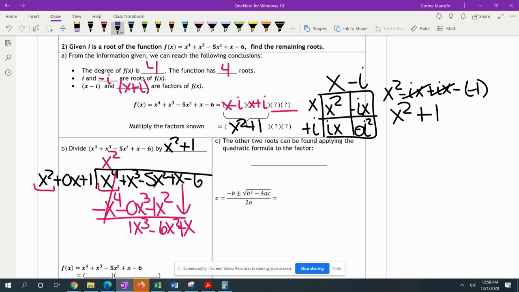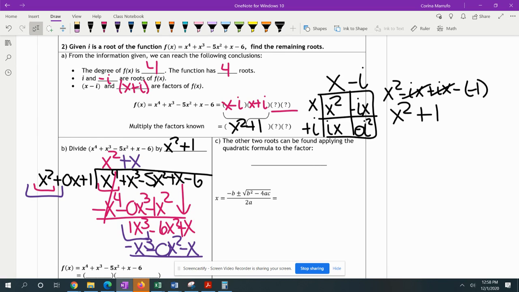Okay, once we drop, we start all over. So we have an x squared here, and we need a 1x to the third power. So x squared times x gives us 1x to the third power. So we go ahead and multiply. x times x squared is x cubed. x times 0x is 0x squared. And x times 1 is just an x. Okay, we go ahead and subtract.